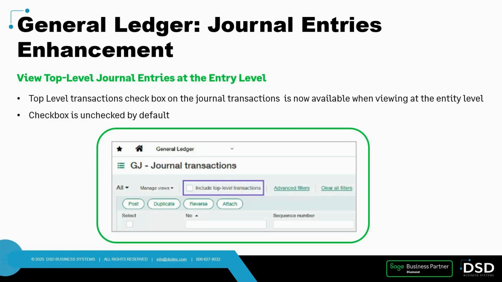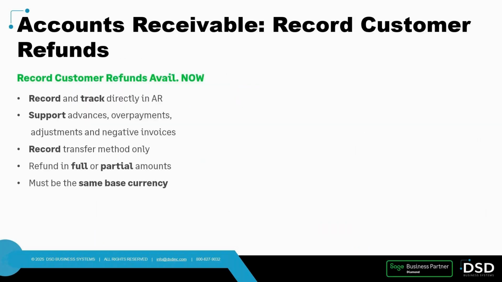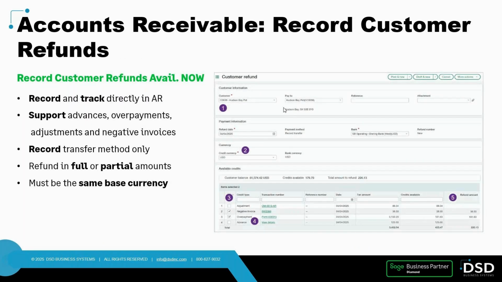And I think we're getting into accounts receivable. So customer refunds are now available with the new update. This would allow you to record and track refunds directly in AR. It supports advances, overpayments, adjustments, and negative invoices.